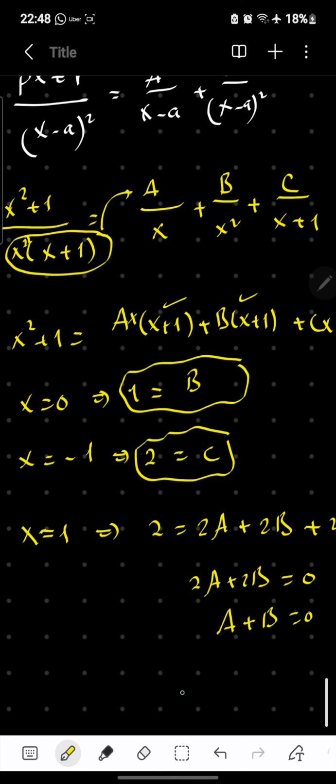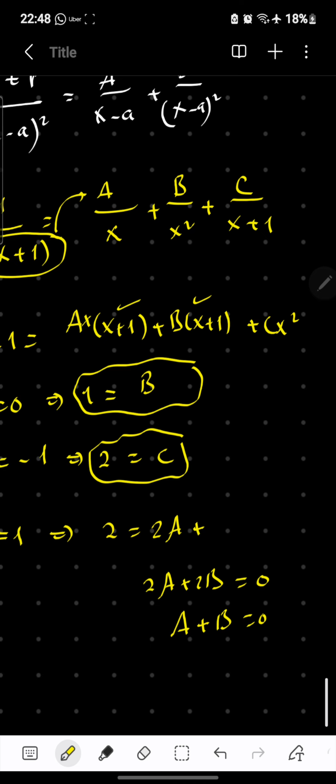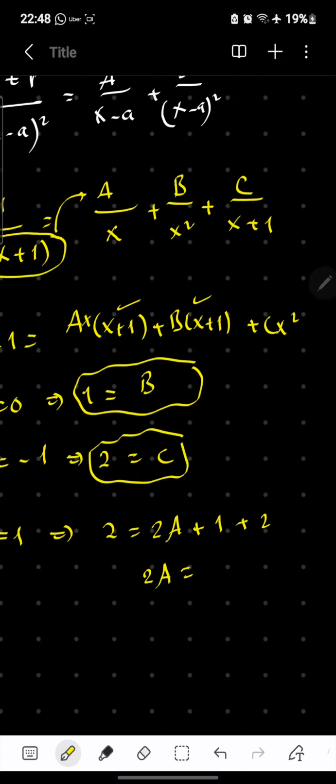And when we put x equals 1, b is already 1, plus 2, so 3. 2a equals 2 minus 3, which is negative 1.